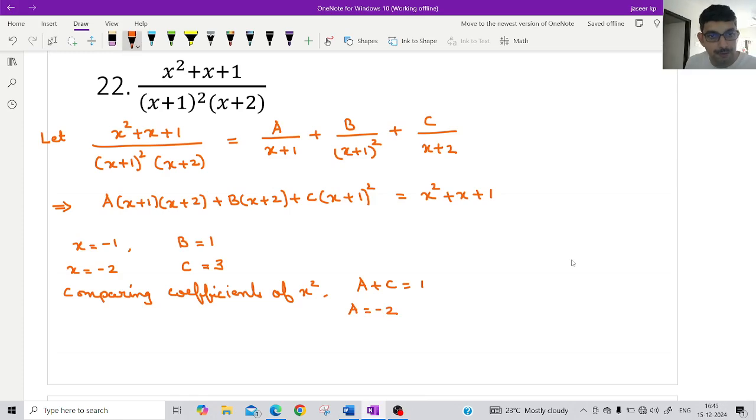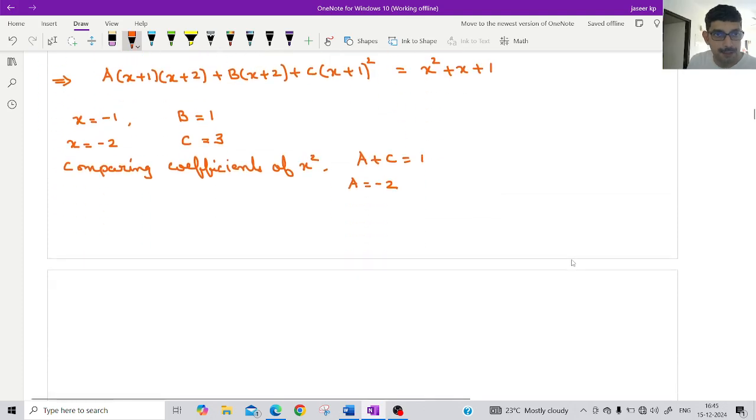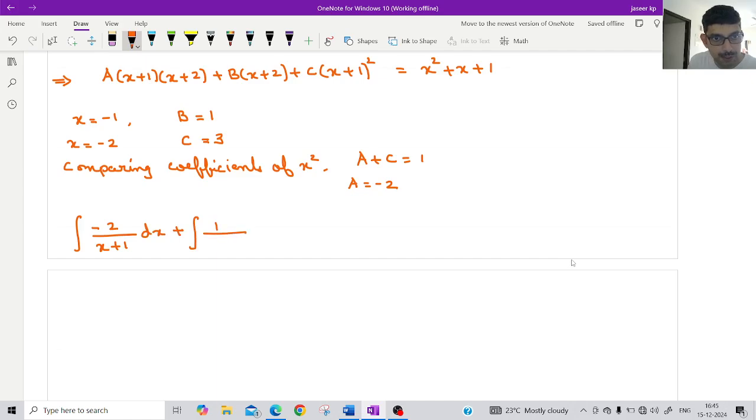Now if we write the integral, a by (x plus 1), that is minus 2 by (x plus 1), dx, plus b by (x plus 1) whole square, which is 1 by (x plus 1) whole square, dx, plus c by (x plus 2).